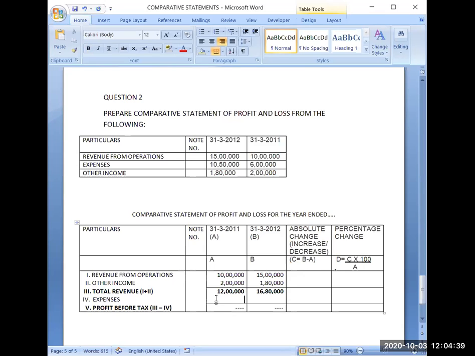Then expenses have been given in the question. Last year it was 6 lakh, and in the current year expenses are 10,50,000. You can see that expenses are increasing too much in the current year.